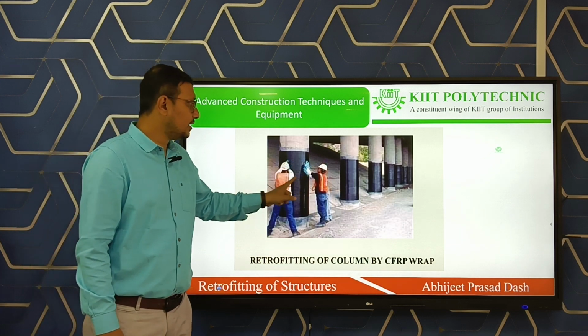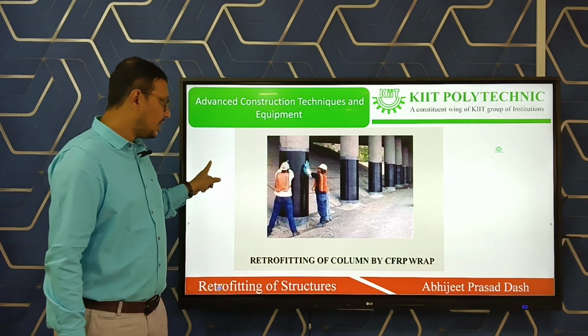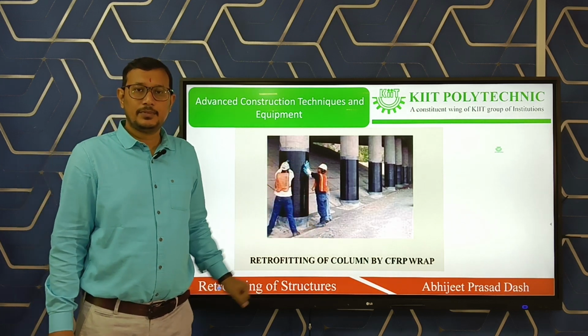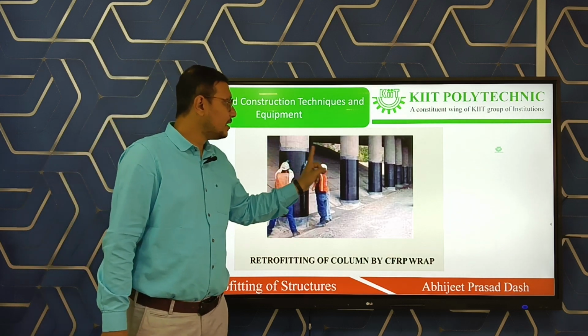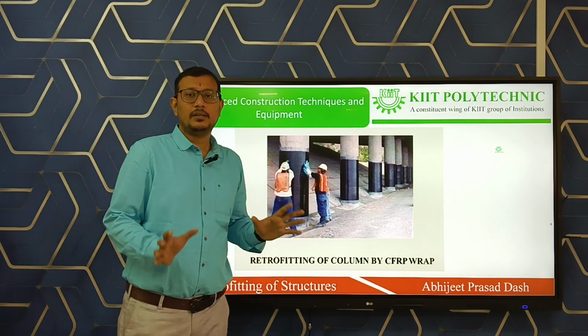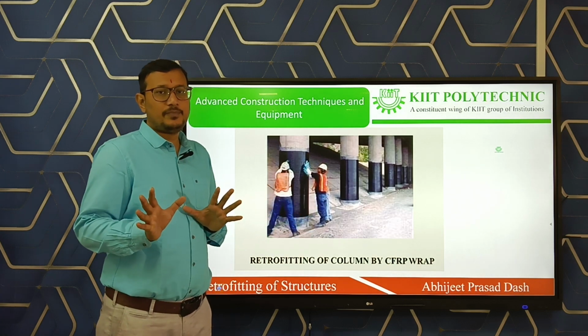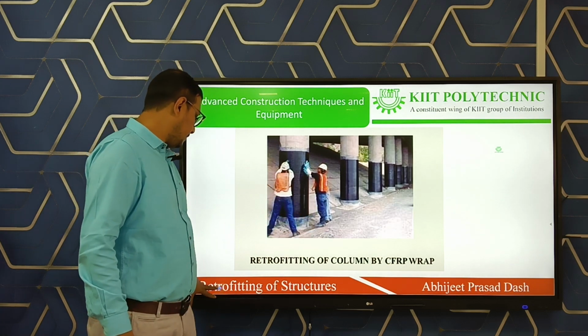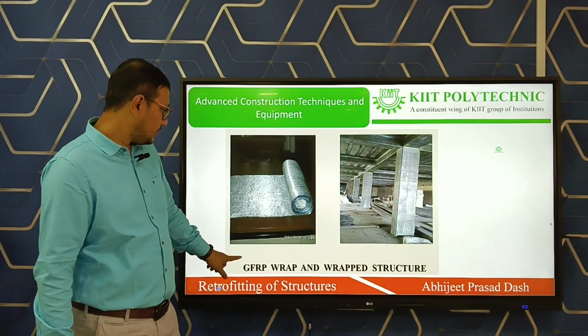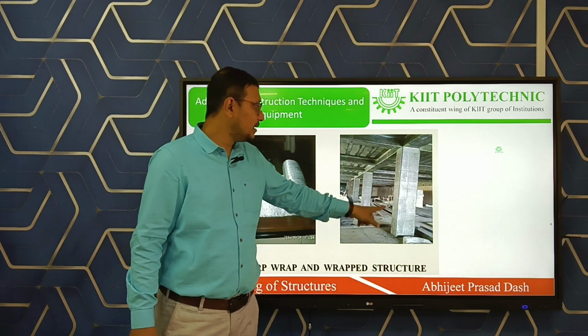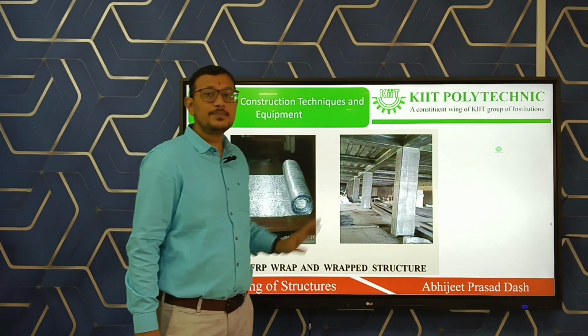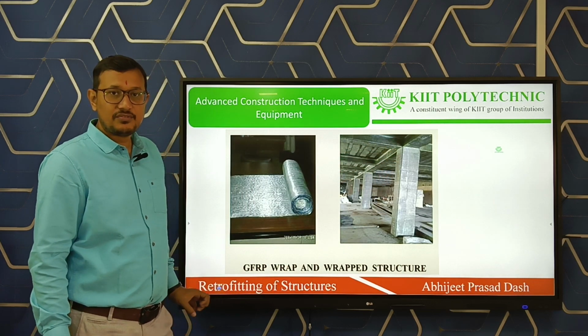We are wrapping the column with carbon fiber wraps, polymers, and saving it from corrosion, etc. Here you see the wrap available. We are wrapping the old columns and beams here, making them stronger.